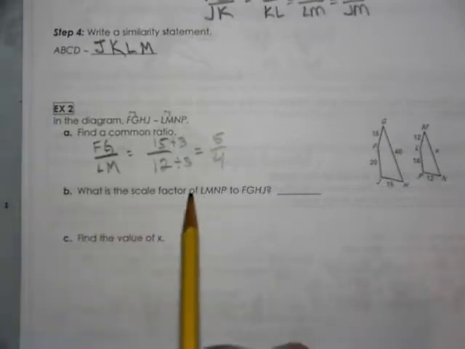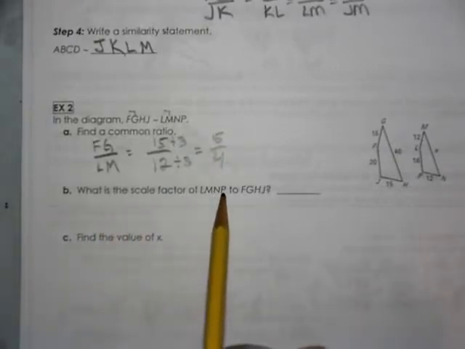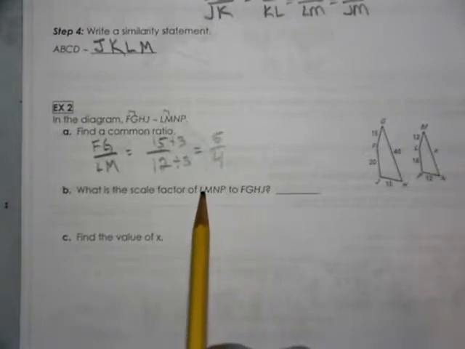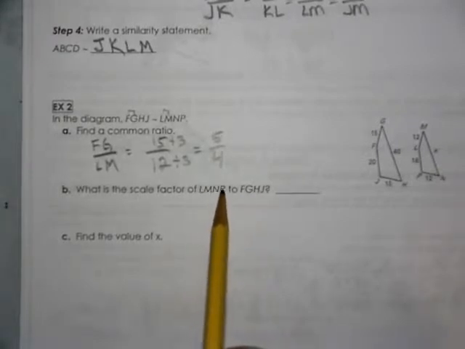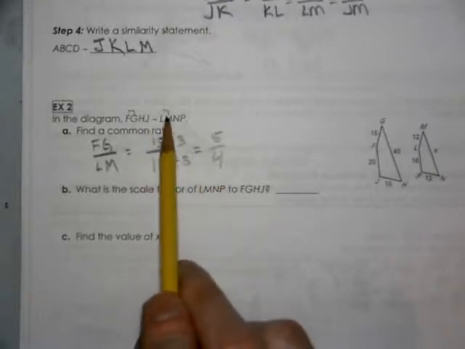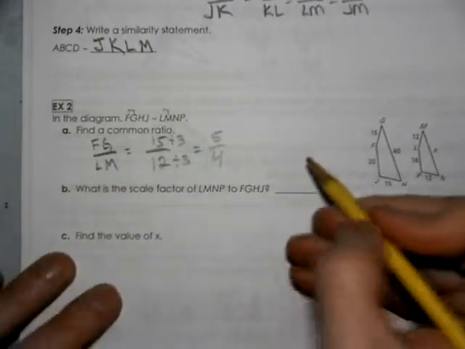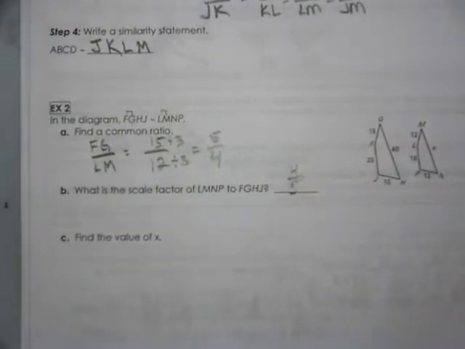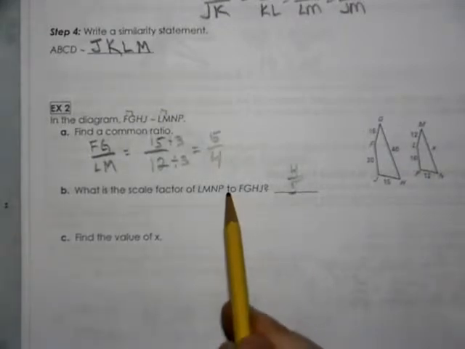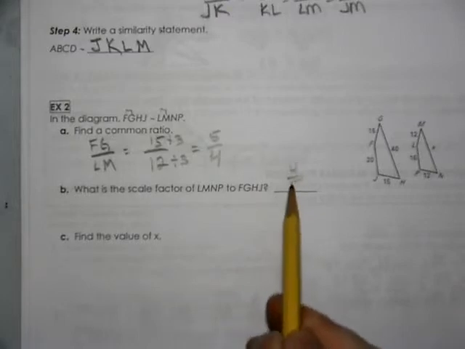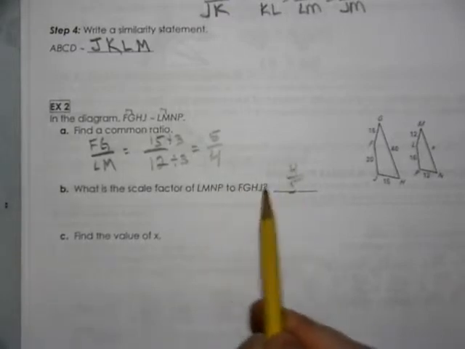What is the scale factor of LMNP to FGHJ? So the LMNP would go on top. So that was the number here, the L, so I'm actually going to call that 4/5. So looking at the way that they use the word to tells you how to set up your ratio, 4:5.